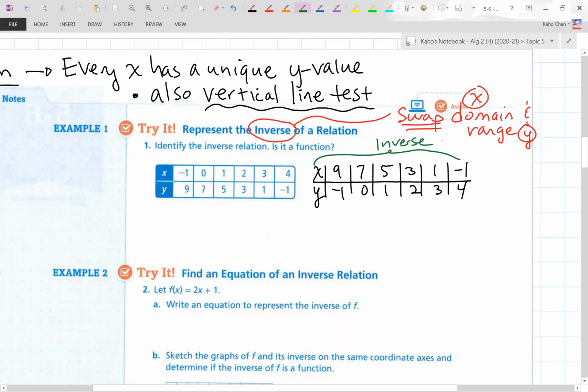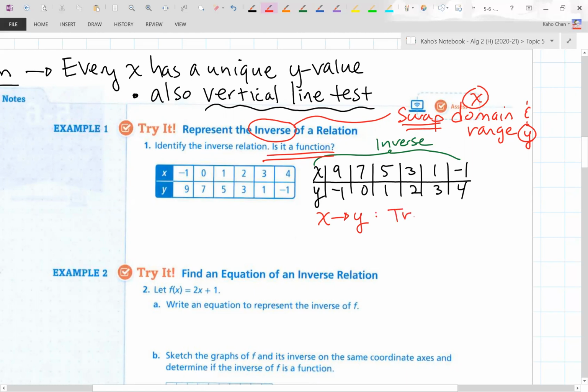Question, is it a function? Let's check. Does every x value have a unique y value? 9 goes to -1, 7 goes to 0. Yeah, I'm taking a look at my x's here. There's no repeated x's. So every one of those x's has a unique y value. This is true. Every x value goes to a unique y value.